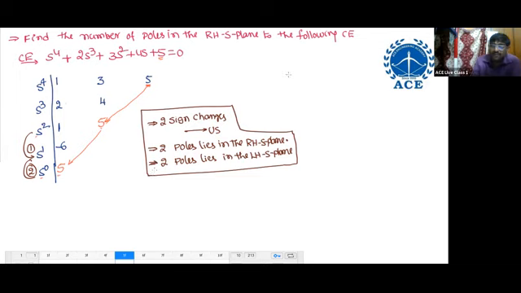Next problem. Come on, solve it. Characteristic equation: S power 4 plus 2S cube plus 3S square plus 2S plus 1.